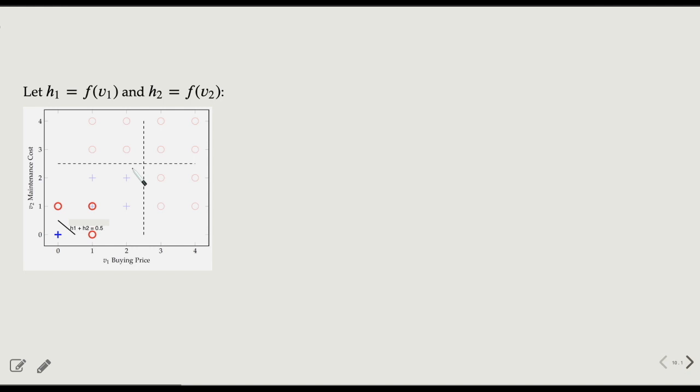Applying the step function to the v1 and v2 dimensions respectively is equivalent to having a cutoff line on the dimension.